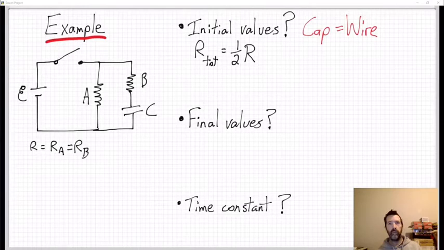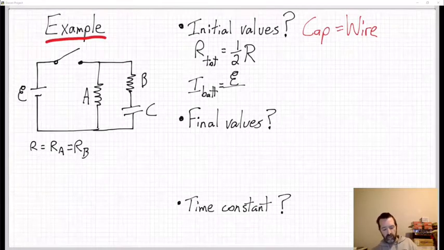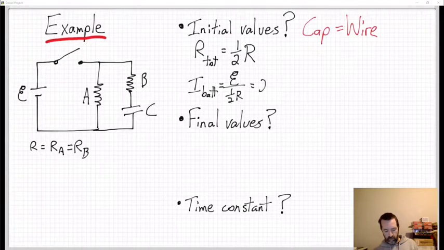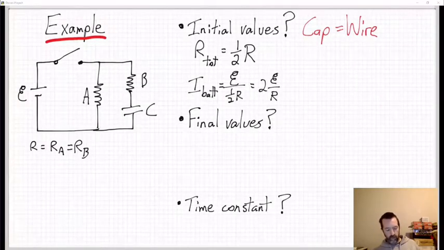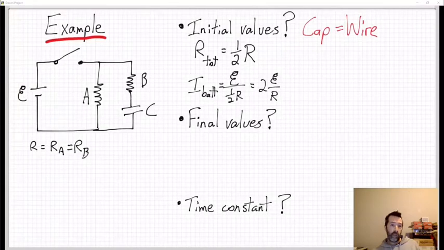So in that initial moment, the effective resistance of the circuit is half R. That means that the current coming out of the battery is going to be E over half R, which would be 2E over R. If that's the amount of current coming out of the battery, then the current going down each branch is going to be half of that.